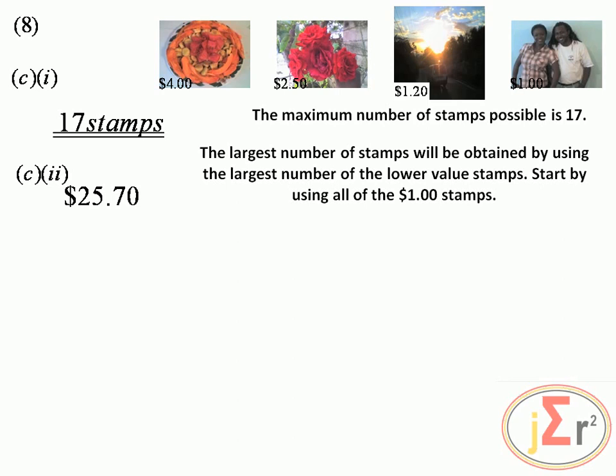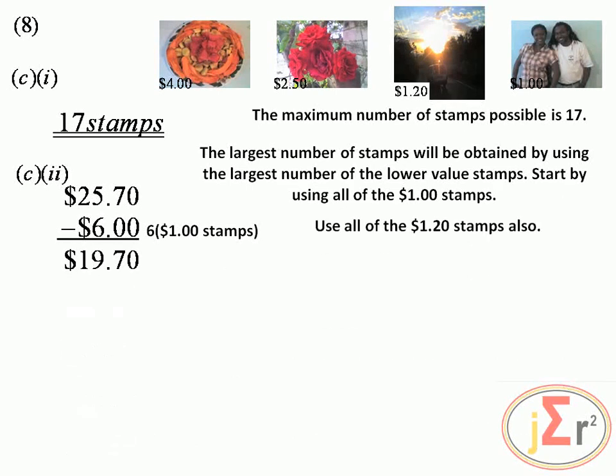So start by using all of the $1 stamps, and do not forget that she has only 6 of each. So we use all of the $1 stamps and we have $19.70 left. Then she will use as many of the $1.20 stamps as well.